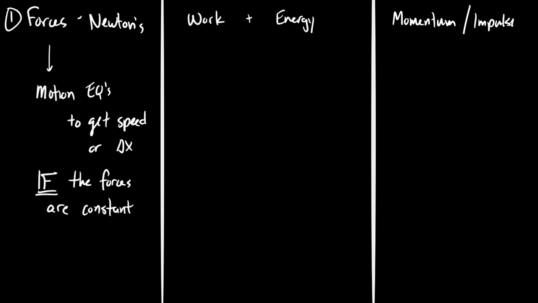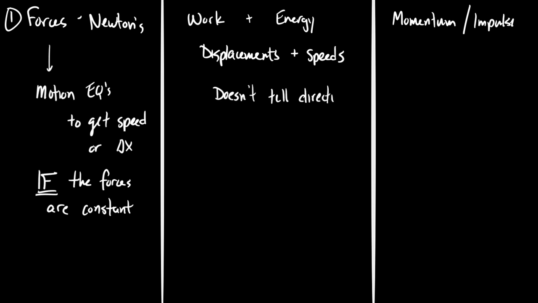Work and energy, great for getting you displacements and speeds. They're great for that. However, it doesn't tell you direction. Never does, because energy doesn't have direction. You can infer it sometimes, but it doesn't tell you direction.